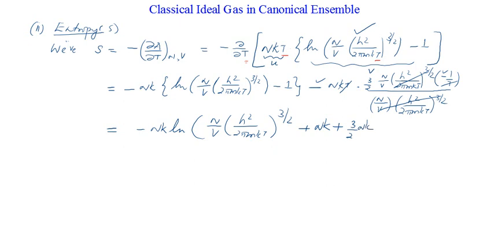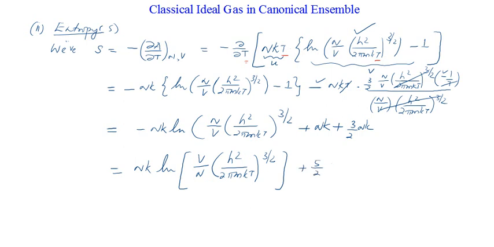So 3 by 2 nk plus nk is 5 by 2 nk, which finally becomes equal to nk log, I'm just rewriting it, beautifying it, v by n into h square by 2 pi m kt whole raised to 3 by 2, closing the bracket, plus 5 by 2 nk.